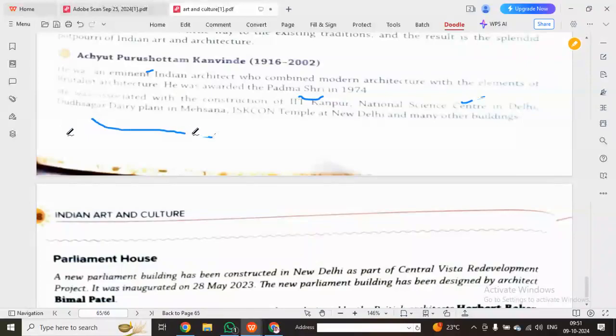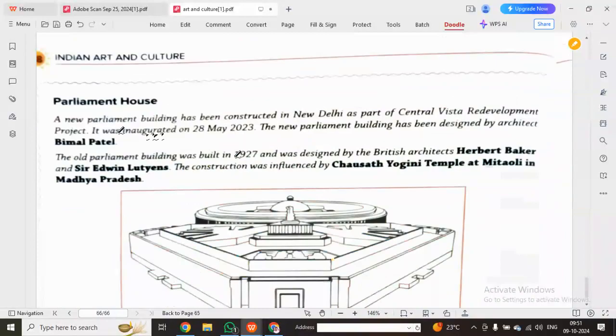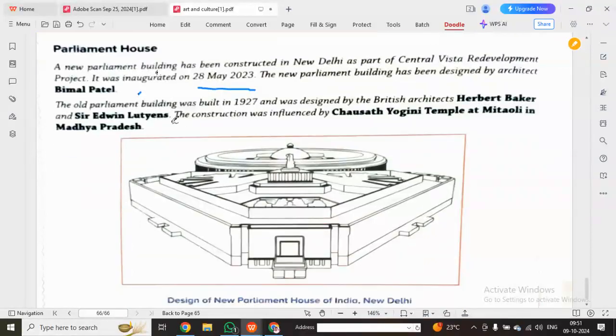He was an eminent Indian architect who combined modern architecture with elements of brutalist architecture. He was awarded the Padma Shri. He was associated with the construction of IIT Kanpur, National Science Centre Delhi, Dudhsagar Dairy Plants Mehsana, ISKCON Temple Delhi, and other buildings.